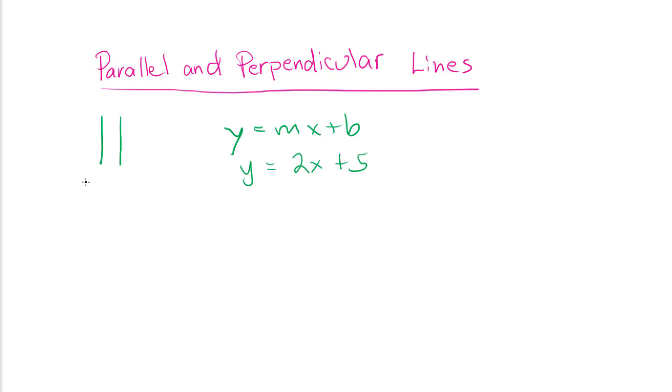Well, parallel lines have the same slope. That means the slope of the line that's parallel equals the slope of the original line. The m's are equal. So our parallel line to y equals 2x plus 5 must be y equals 2x, it must have the same slope, and then it could be plus 6.